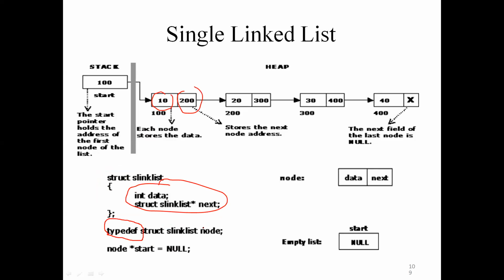I'm giving an alias name to the S linked list, S, short for single. So always follow the naming convention. You should not use randomly your name as you like. Since we are using single linked list, it's good to follow the naming convention. What is the naming convention here?